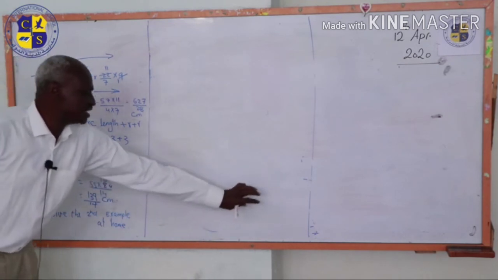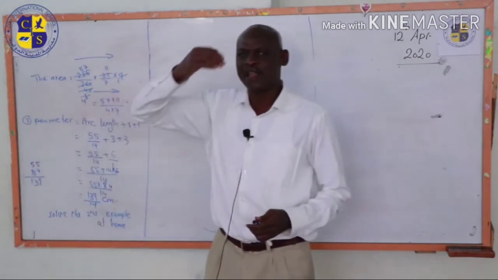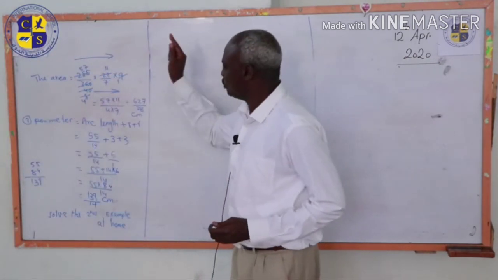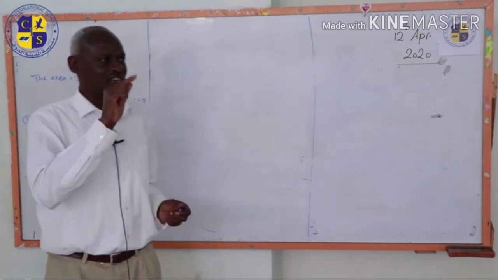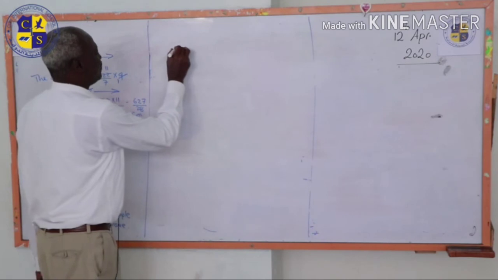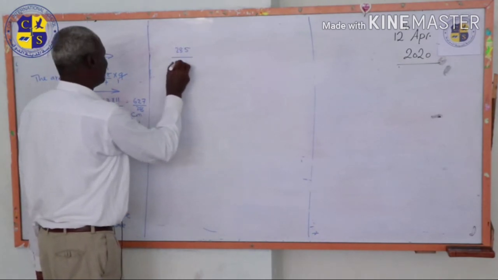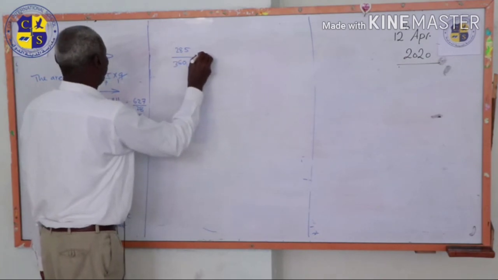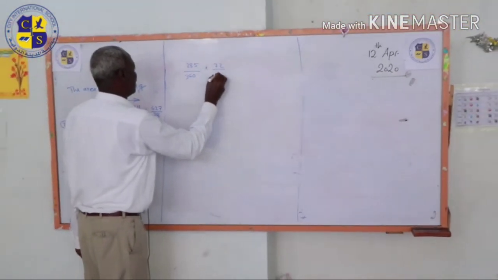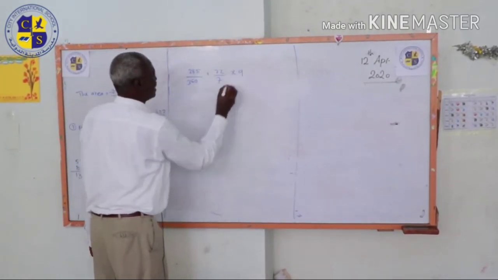For the first figure, there is another figure here, the second one. The second one, try to do it at home. If you want to do it, just apply the rule and then try to reduce. For example, here in reducing, if there is 285 over 360 multiply by 22 over 7 multiply by 9, for example.